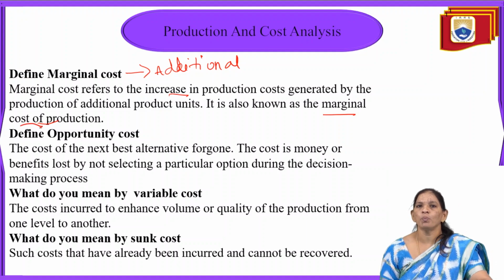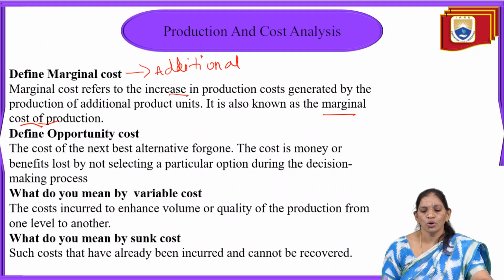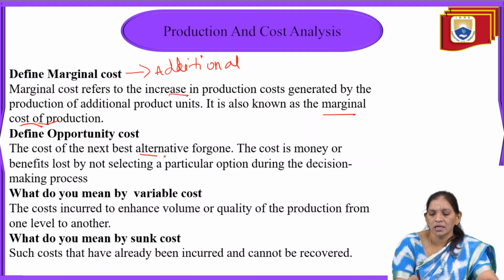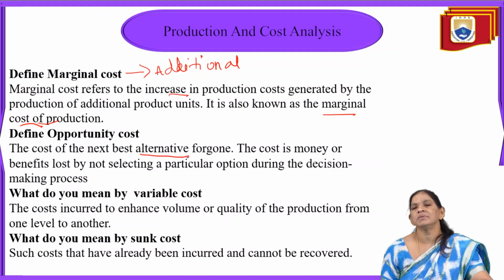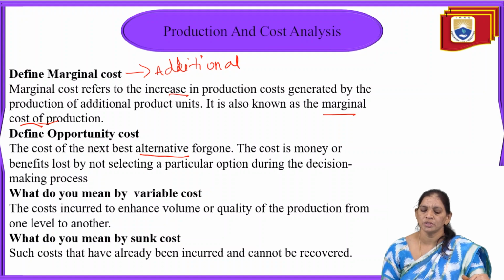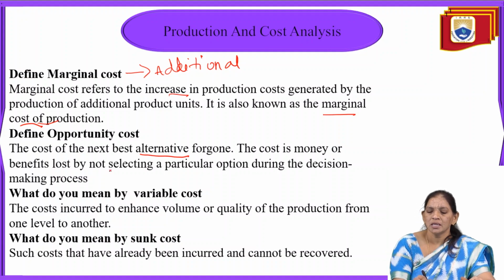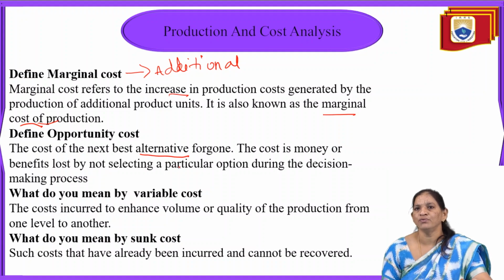Define opportunity cost. The cost of the next best alternative foregone. We also say that opportunity cost is the sacrificed cost. It is the opportunity we lose or don't attempt, the next best alternative foregone.